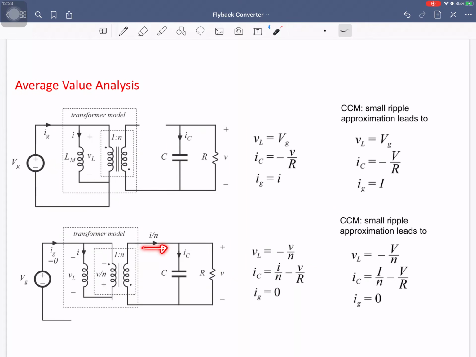The current over here is I1 or I, that is reflected on this side, that will be I by N, and out of that I by N, some current will go through the capacitor, some current will go through the resistance. So this capacitor current will be equal to the total current minus the load current. So I by N minus V by R is the capacitor current, and at that time the input current Ig is 0 because it is disconnected. And considering the average values, we have this one.